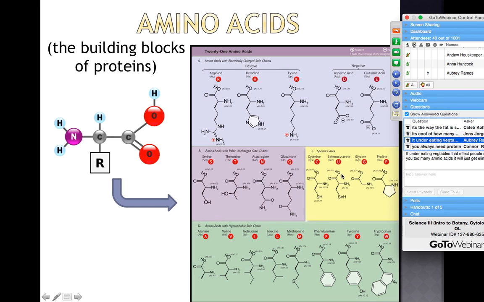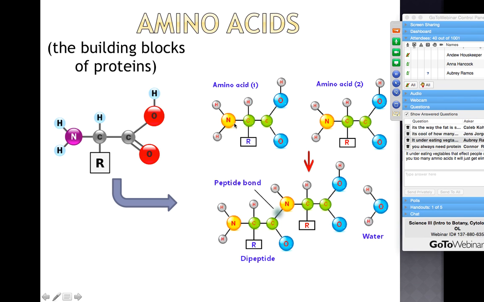Depending on the sequence of the RNA molecule, we are going to build this sequence of amino acids, and then they join.